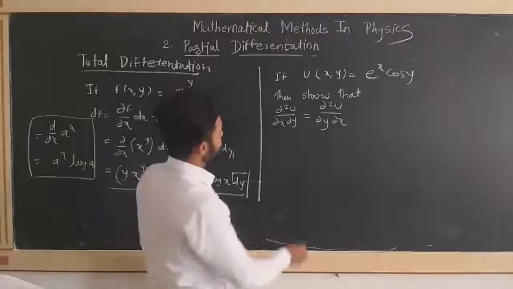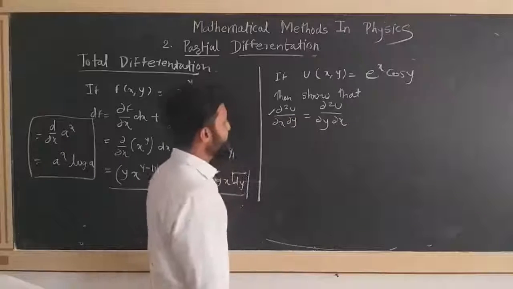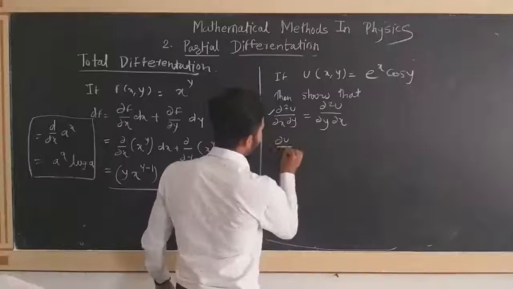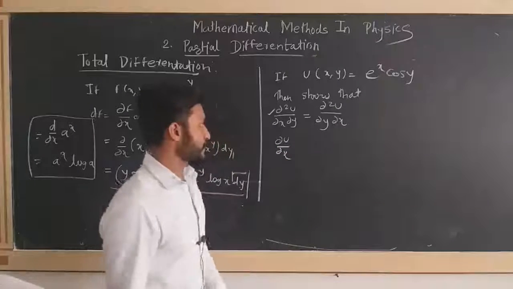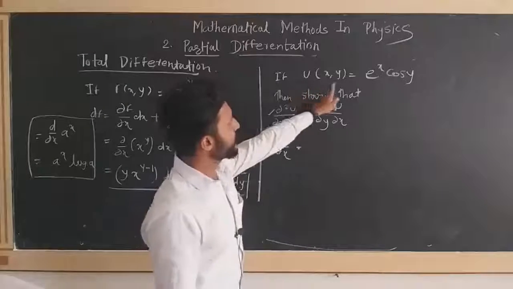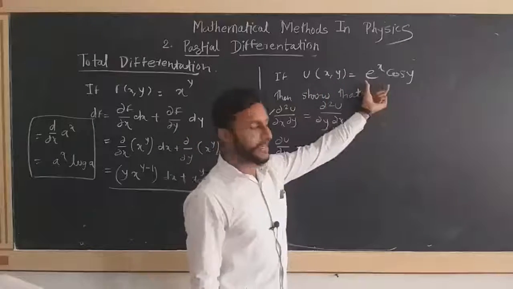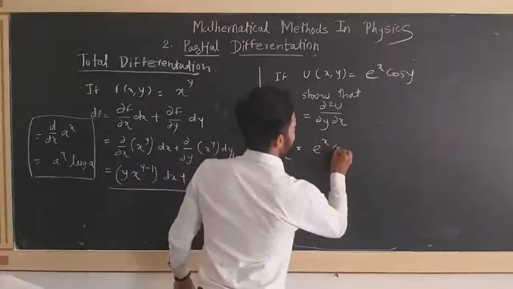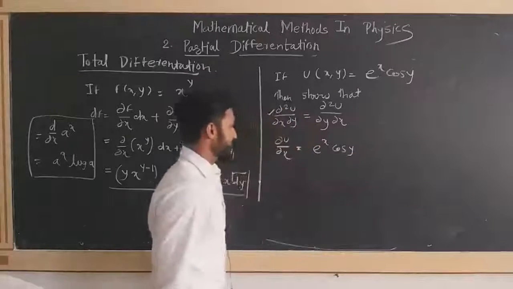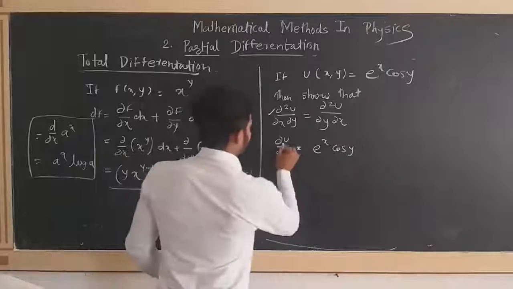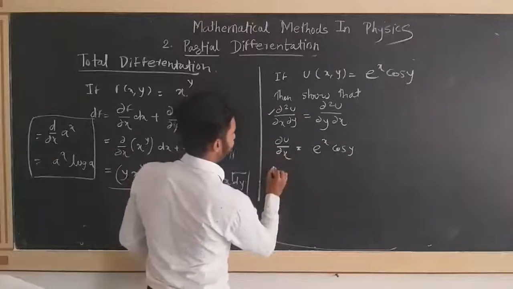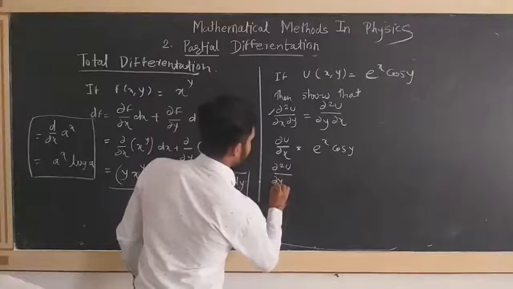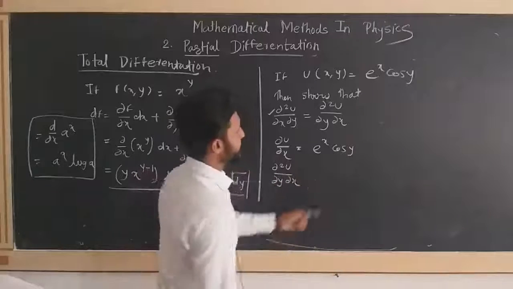So first find out ∂²u/∂x∂y. For that we have to find out first ∂u/∂x. Differentiate u with respect to x. So I can write here e^x cos y as it is. Now again differentiate with respect to y. So we'll have ∂²u/∂y∂x. So we'll get this term.